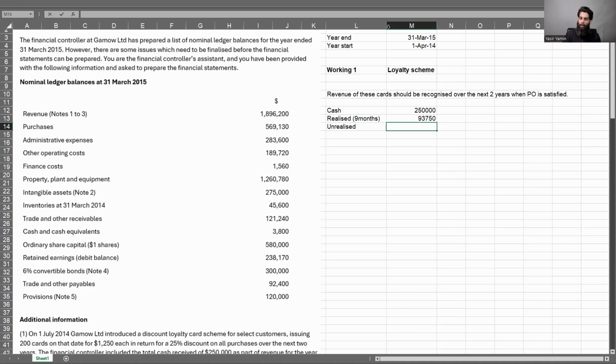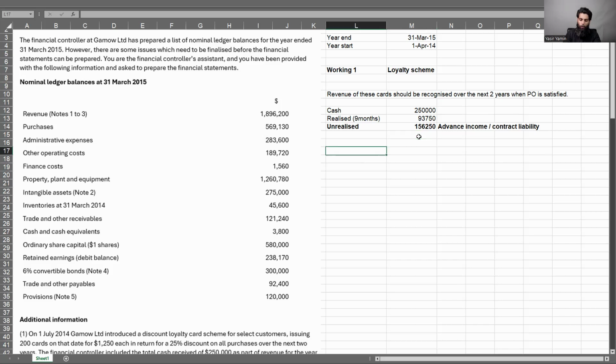How much should be recognized as advance income? 156,250 is basically advance income, or what you call a contract liability, which you have received till now. Do you all agree? So basically, examiner recognized the entire 250,000 as revenue, whereas 156,250 is not realized. That particular revenue needs to be reversed.